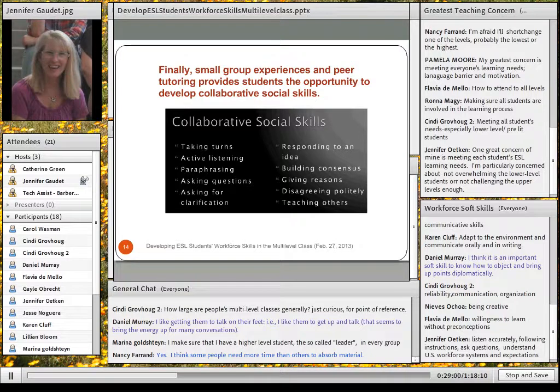So remember, small group experiences and peer tutoring allow students to develop these social skills as well. There we are again, disagreeing politely, building consensus. Many of you mentioned those before.